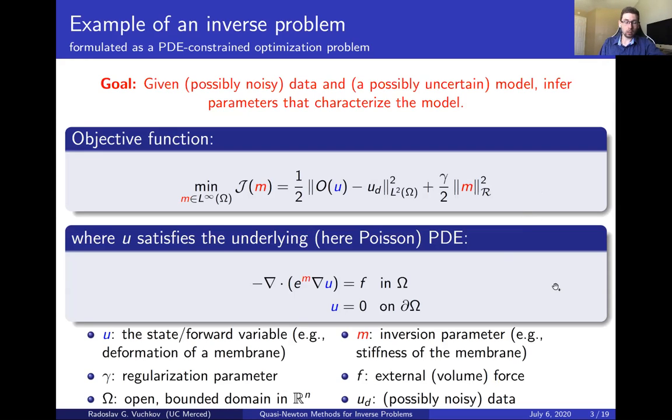This can be physically interpreted as having a membrane that's being pushed by a force F, and U represents the location on the membrane where we are, and M represents the stiffness of the membrane, and this is the parameter we're trying to invert or solve for. And we're trying to do that using some sparse data, UD, that's given on the membrane.